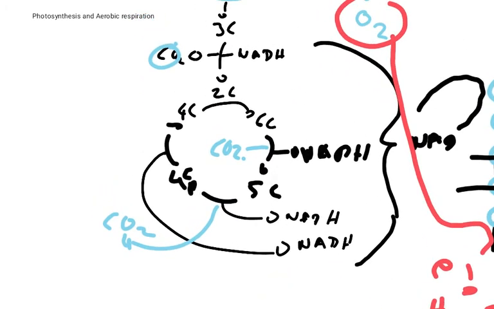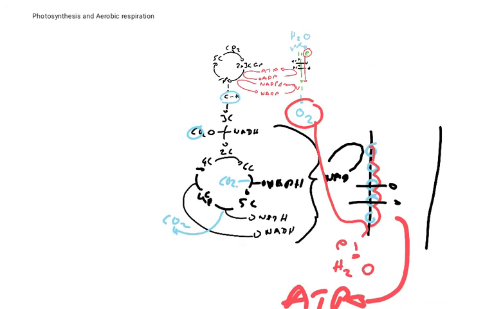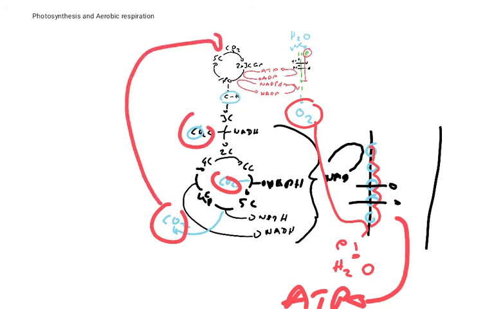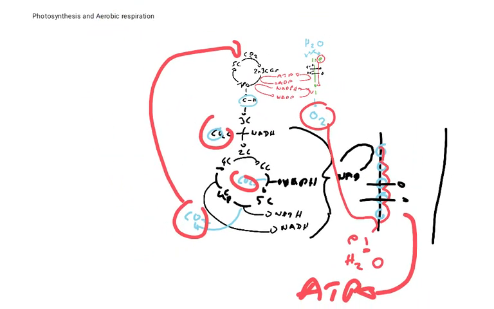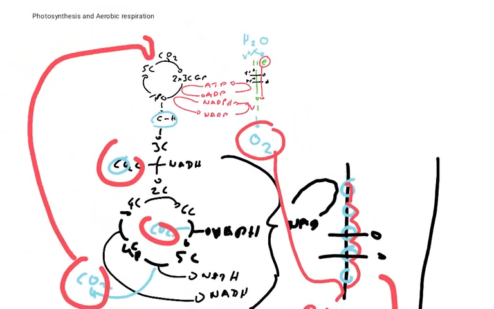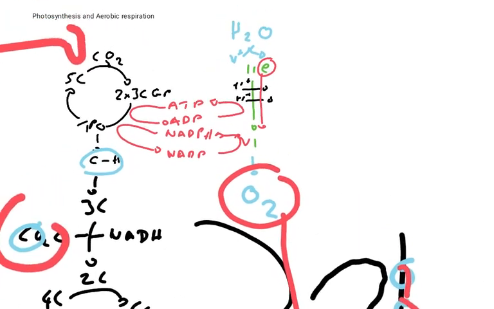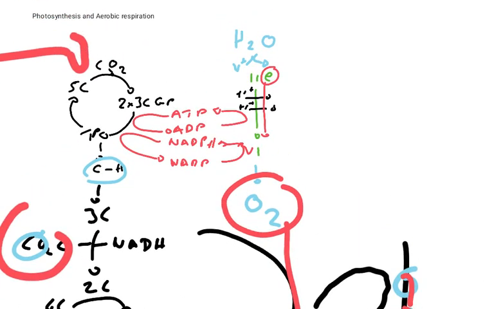Now, the carbon dioxide that's produced in the link reaction and in Krebs cycle, that is the carbon dioxide that's used here in the Calvin cycle. So philosophically, we've got a process that takes light energy and uses it to split water to produce the electrons which are used to reduce the NADP to NADPH.